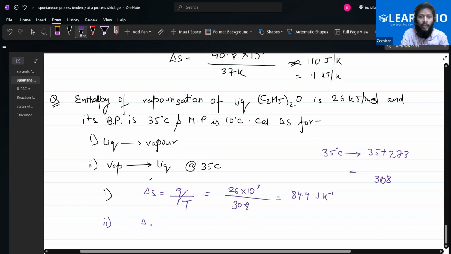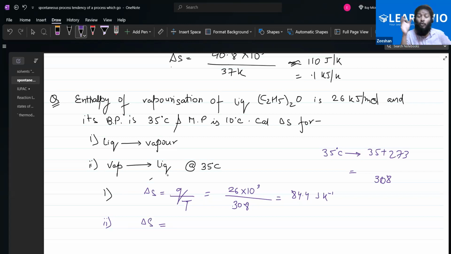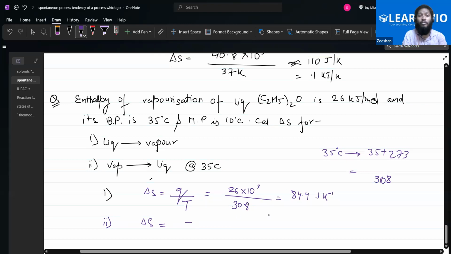And here, delta S for vapor into liquid. If vapor is converting into liquid, heat is released, right? So Q will be negative of this. For example, if anybody has some doubt, let it be ice.